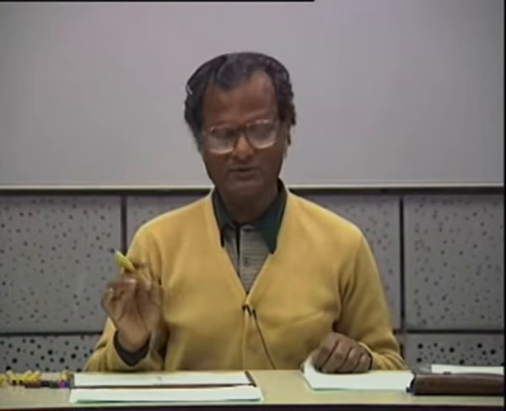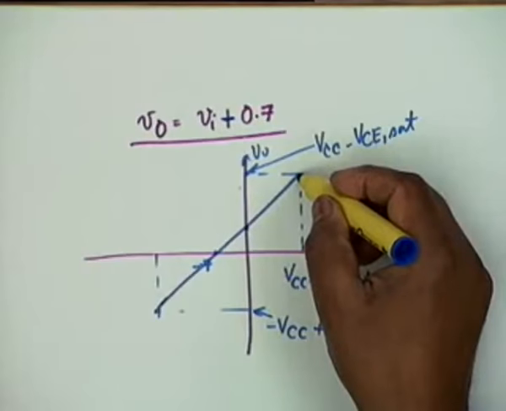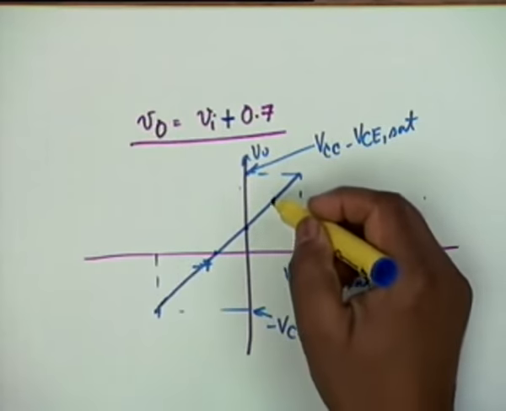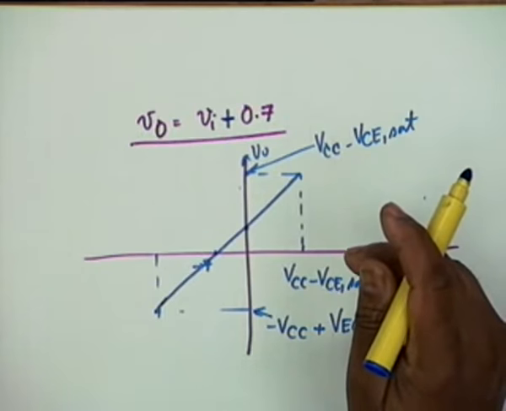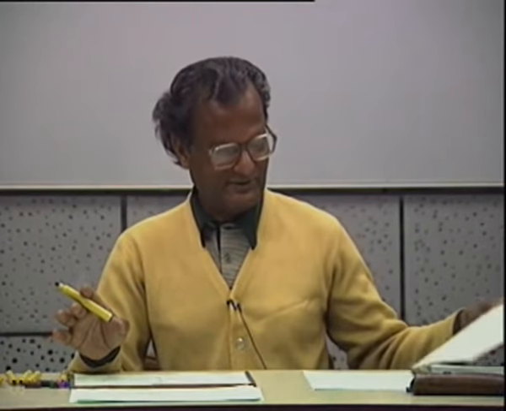So we won't go up to this limit anyway. If we are somewhere in between, then there is no problem. We should not go to saturation. What we should do is to see in the CRO that the output waveform is approximately the same as the input waveform. That is, there is no crossover distortion.